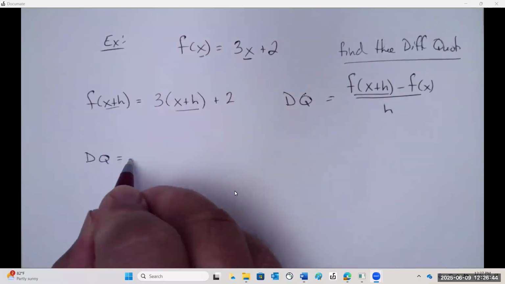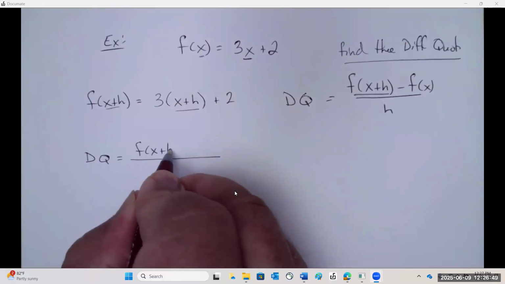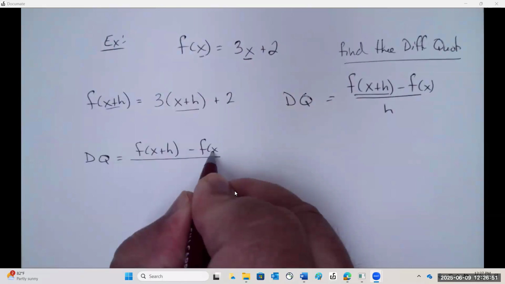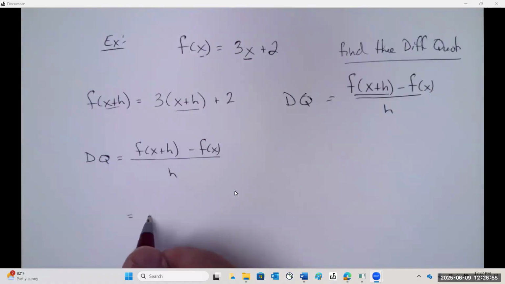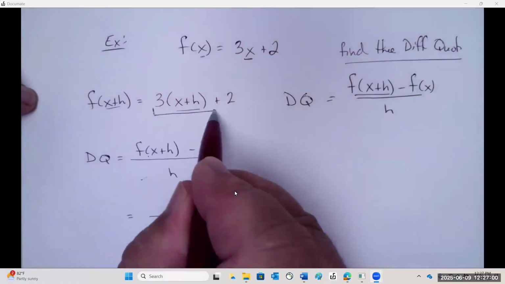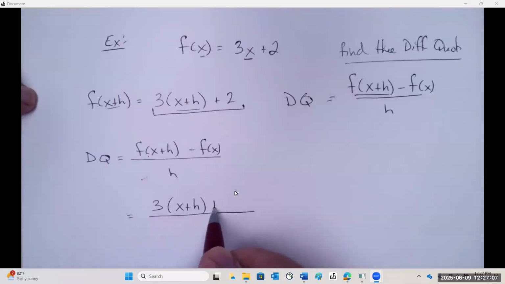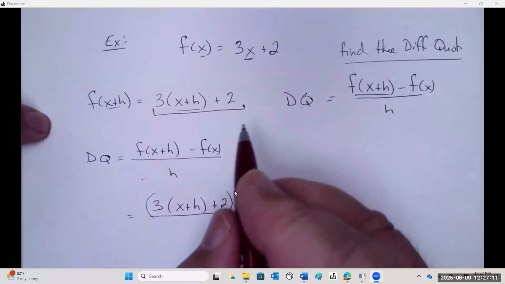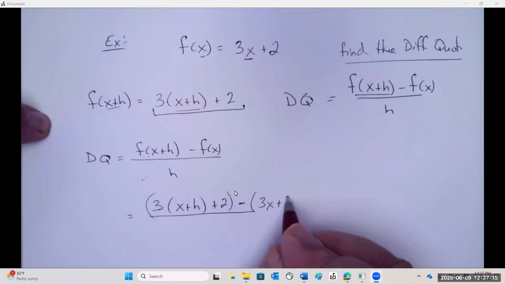All right, so the difference quotient is f of x plus h minus f of x over h. f of x plus h is this entire thing, 3 times x plus h plus 2, minus f of x, which is 3x plus 2.